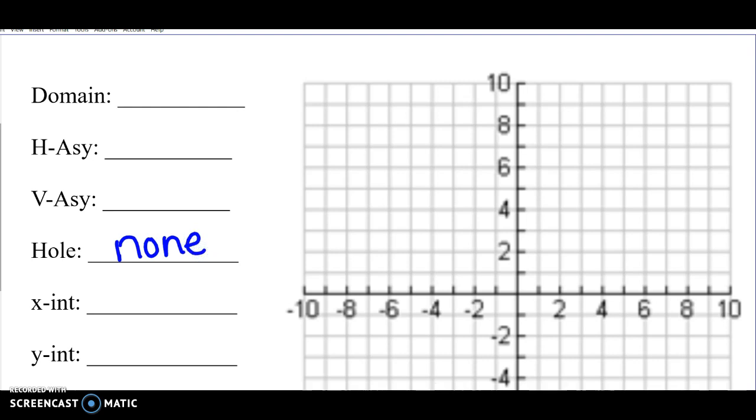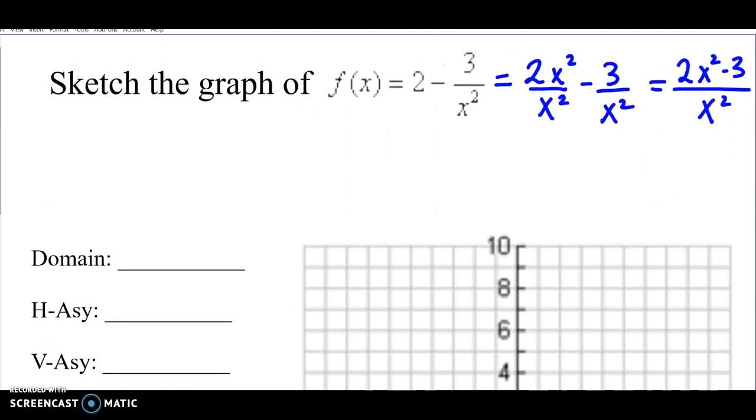Next, we want to find our x and y intercepts. For our x-intercepts, remember we want to set y equal to 0, and really it's setting our numerator equal to 0. We solve: add 3 to both sides and divide by 2, so we should get x equals plus or minus the square root of 3/2. If you want to rationalize that denominator, you can.